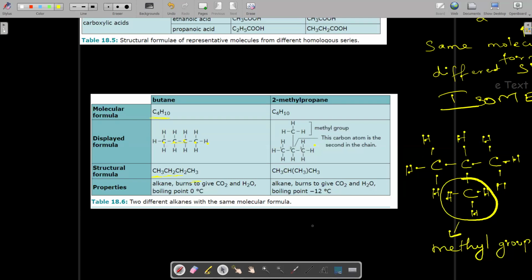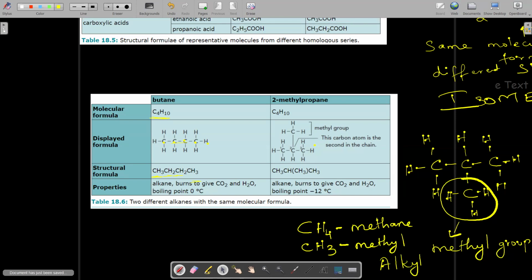So if I have CH4, now what is CH4? CH4 is methane. If I drop one H from this and make it CH3, methane will become methyl. So this is another functional group which is called an alkyl group.